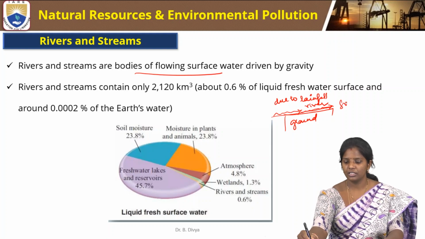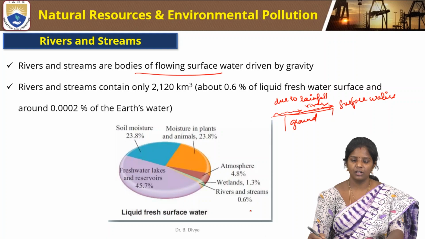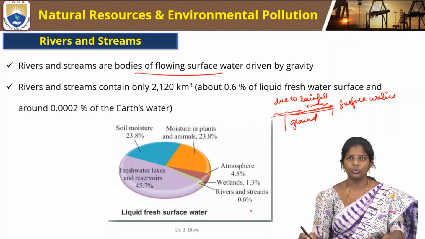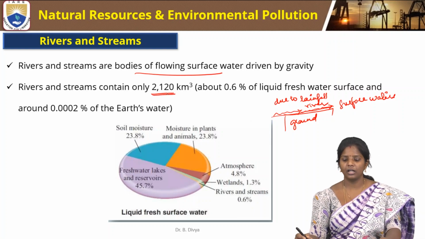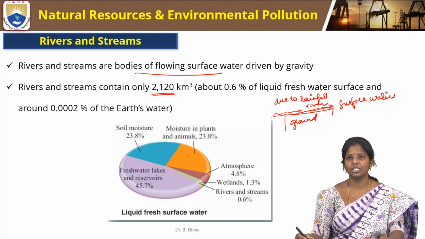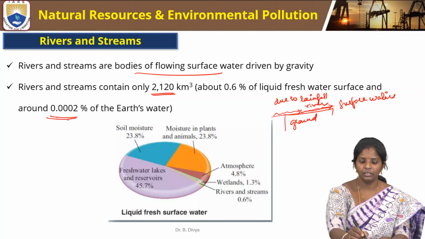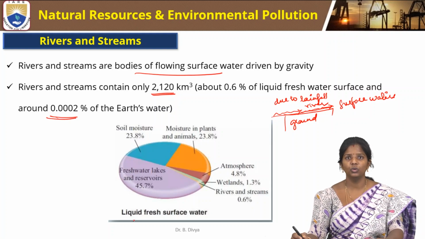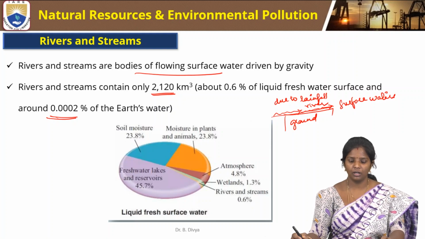These are the surface waters. Rivers and streams contain about 2,120 cubic kilometers, occupying about 0.6% of liquid fresh surface water, and on Earth it is 0.0002 percent of Earth's complete water component.